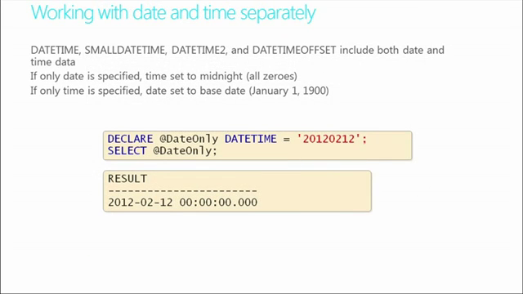Working with datetime separately. Here's where we get an example where we declare a date only, datetime, and then select the date only. Notice at this point it returns just the date and nothing to do with seconds. It just uses all zeros for the seconds as if it's midnight. If I did it the opposite way where I'm looking just for the time, the date's going to be set to January 1st of 1900, and then you'll have the time for that portion.